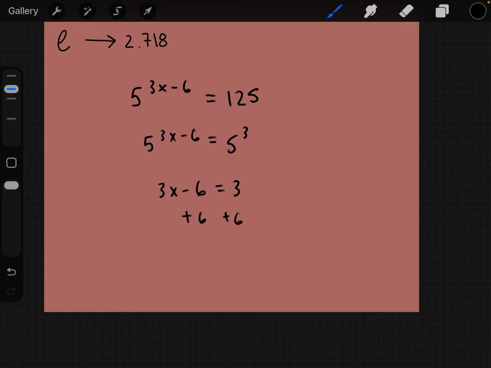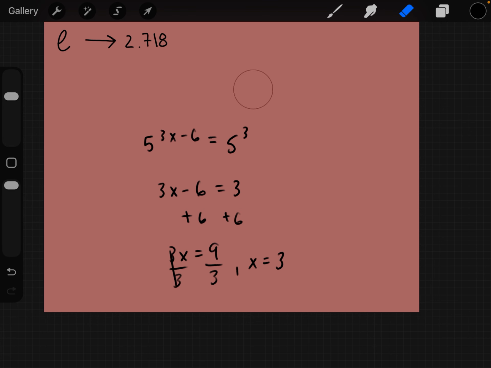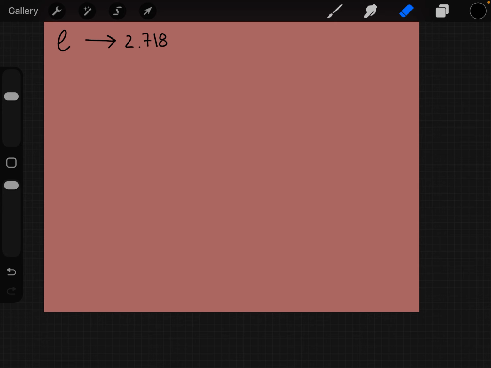I feel like I maybe did this one already, but I can't remember. Okay, and so then the answer's 3. On MyMathLab, you put 3 inside these little brackets. Not parentheses, okay? Next.